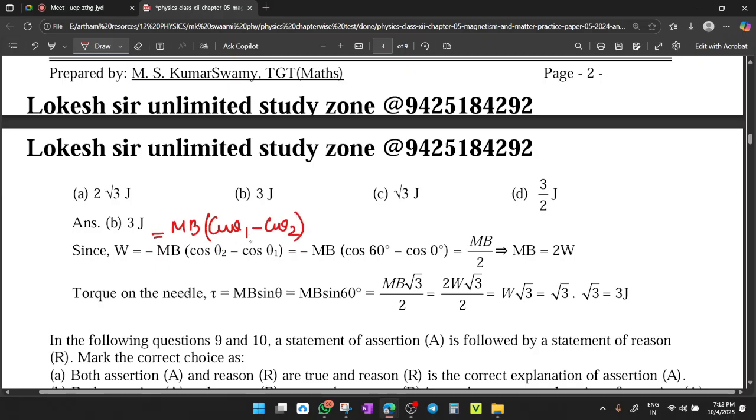Clear? So apply this: minus MB, final angle 60 degrees, and cos 0 for the initial angle. So cos 60 equals 1 by 2, minus 1. So minus MB times (1 upon 2 minus 1). Minus minus cancel, so plus MB by 2 is the amount of work done.